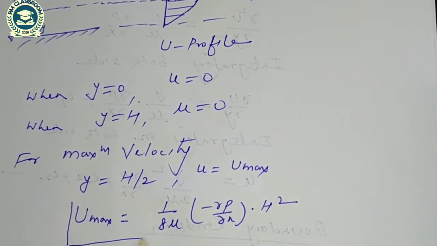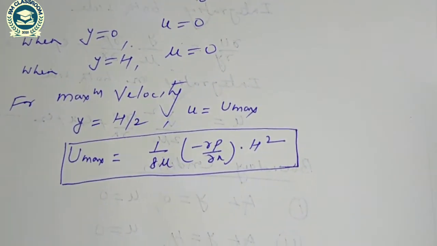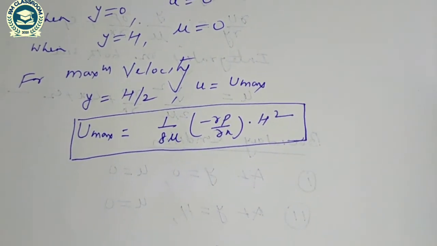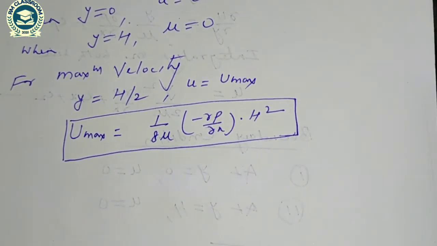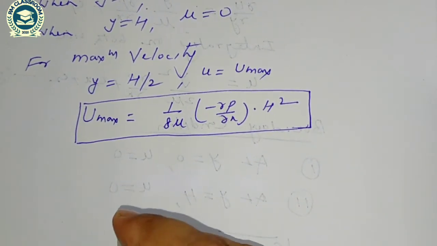Put the value of y is equal to h by 2 in the general equation of the velocity, that is 1 by 2 mu minus del p by del x into hy minus y square. So this is the maximum velocity in the parallel plates.